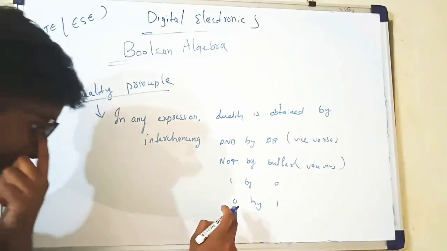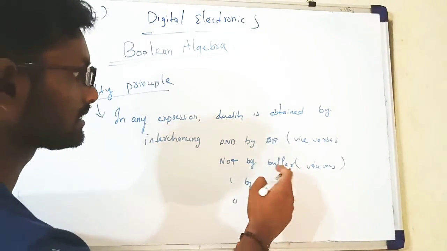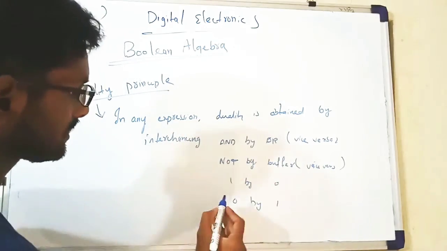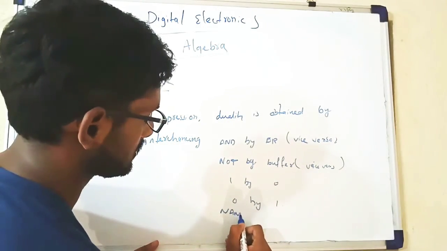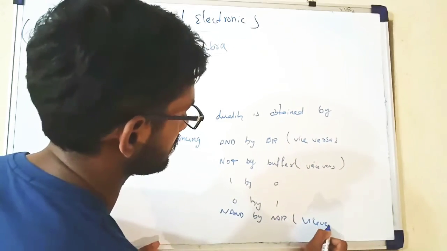Here the bit 0 can be changed to 1, 1 is changed to 0, NOT by buffer and buffer by NOT. Also NAND by NOR, and vice versa.